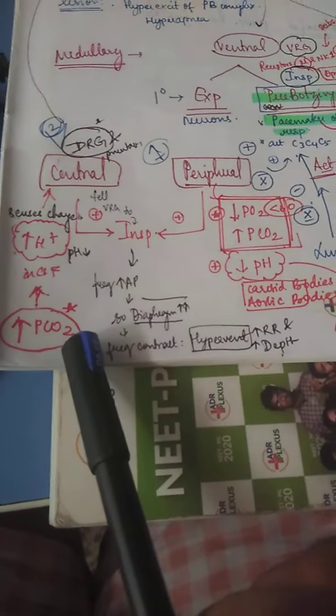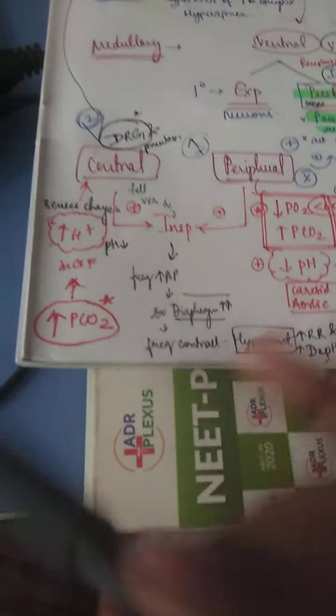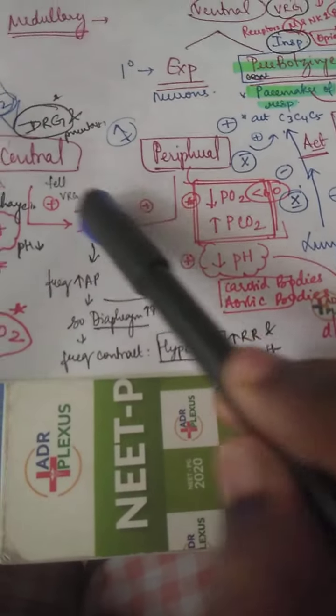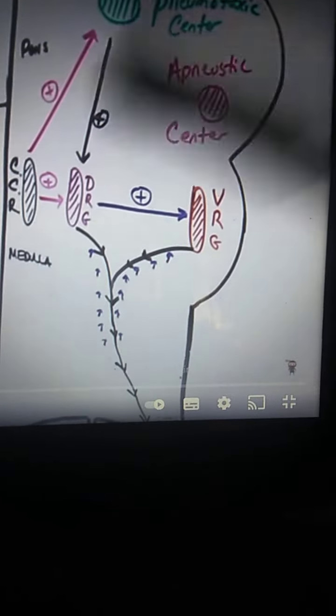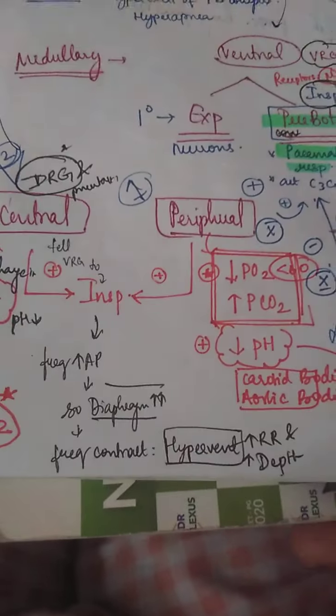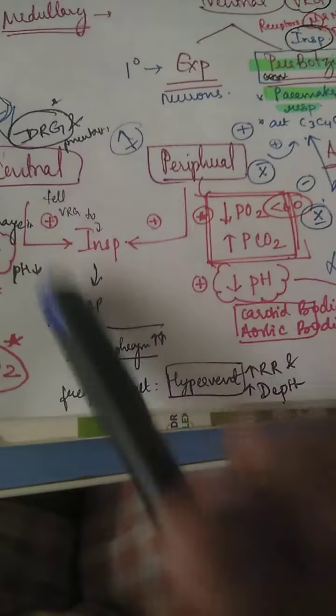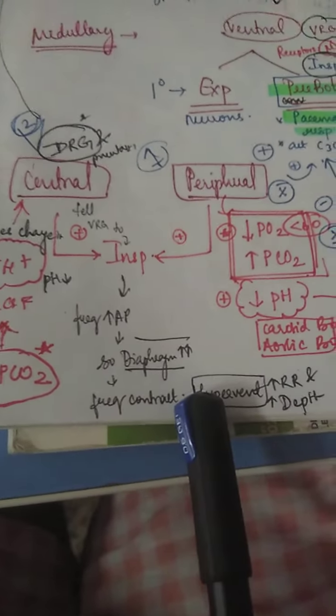With an increase in PCO2, as in respiratory acidosis, along the VRG it will activate the inspiratory neurons, and the action potentials will increase. The diaphragm will start hypercontracting, so the frequency of contraction will increase. So there is hyperventilation, an increase in respiratory rate and depth. This is what happens in the case of central chemoreceptors.